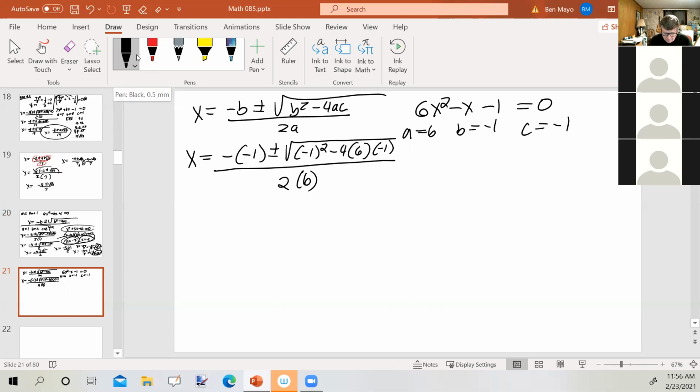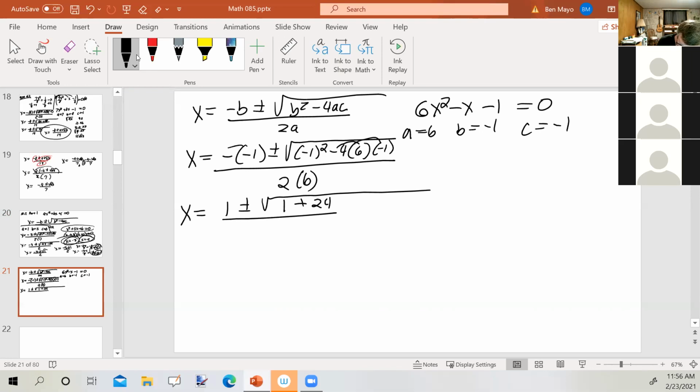All right, so now I'm going to continue to simplify. x equals, let's see, that would be a positive 1 plus or minus the square root of negative 1, the quantity squared, is 1, minus 4 times 6 would be negative 24 times negative 1 would be positive 24, all over 2 times 6, which is 12.